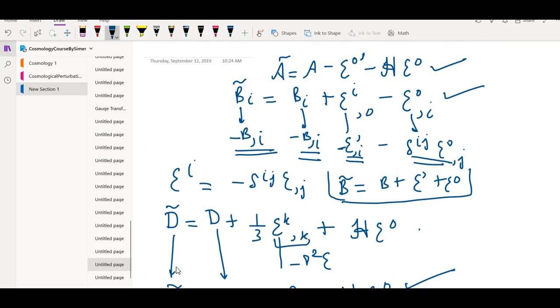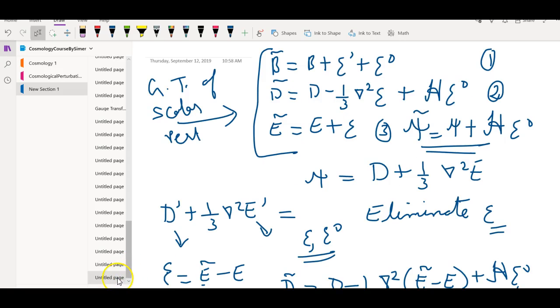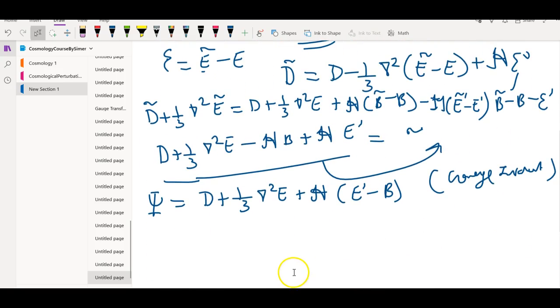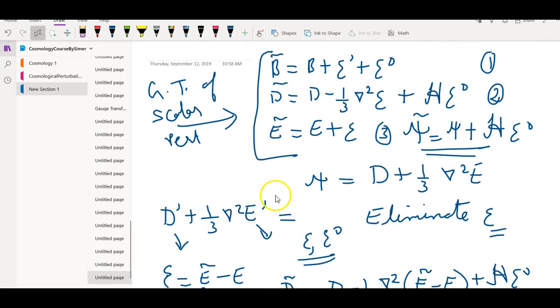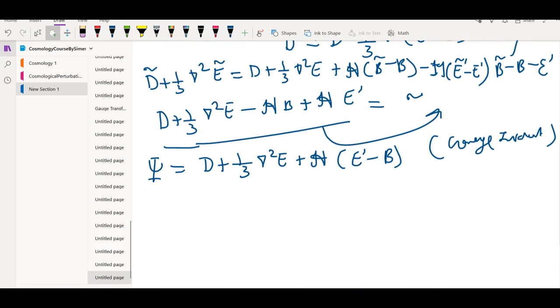A tilde is this. And by the way, this d plus 1 by 3 del square E is small psi, the curvature perturbation.